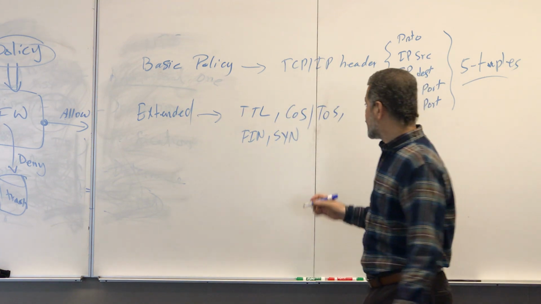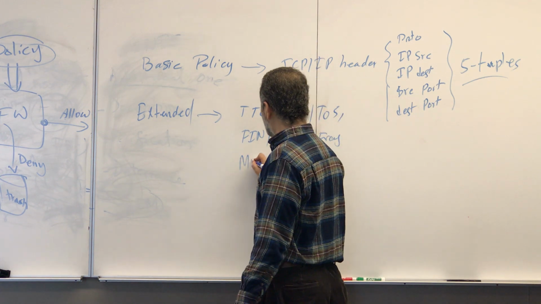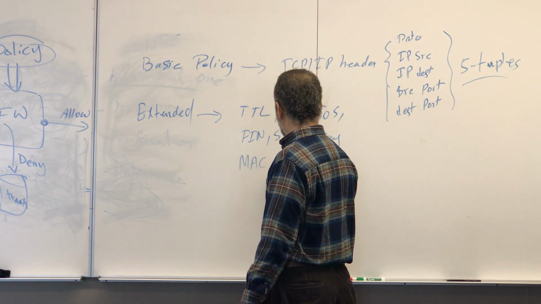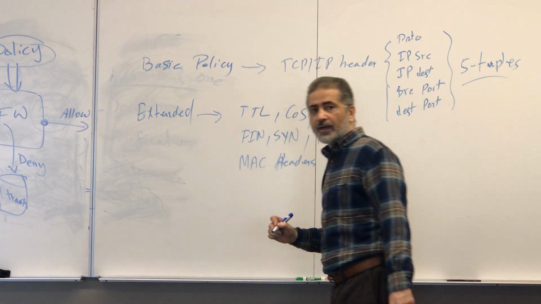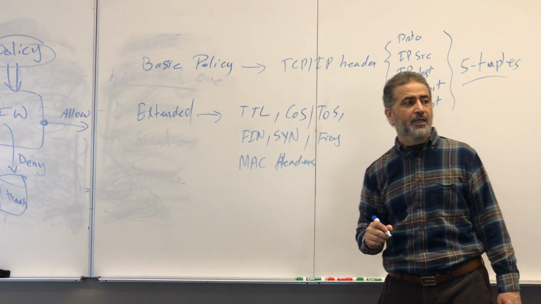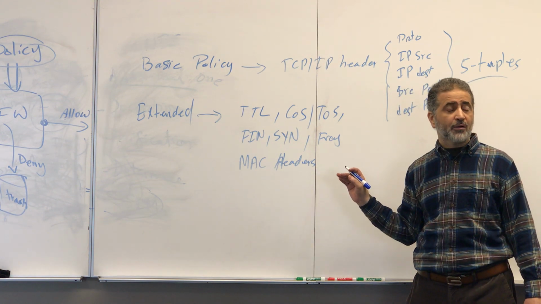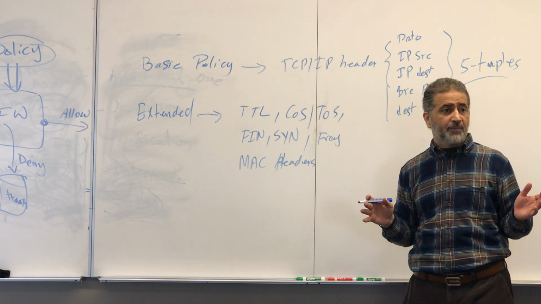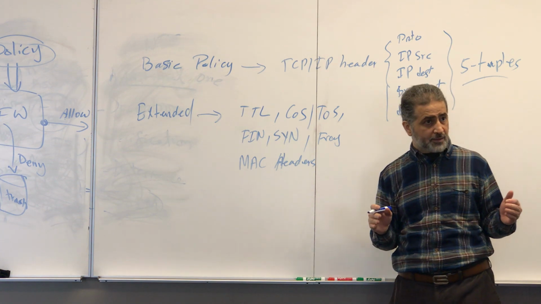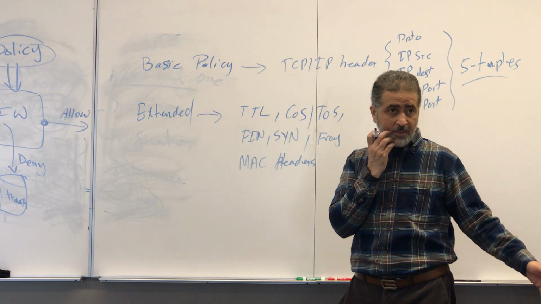You can look at the fragmentation bit. You can look at the MAC address, the MAC header. So you have a really extended policy that allows you to check and inspect many different fields within TCP/IP and in the MAC layer.